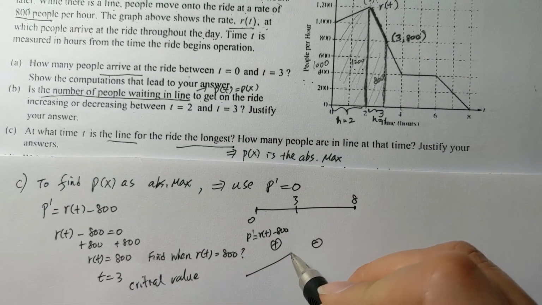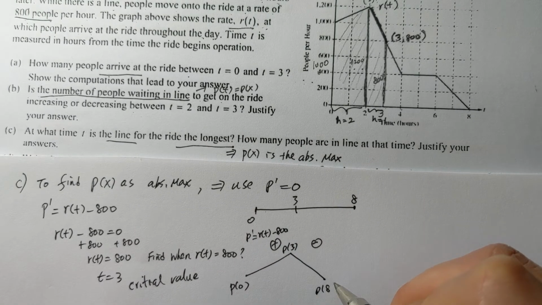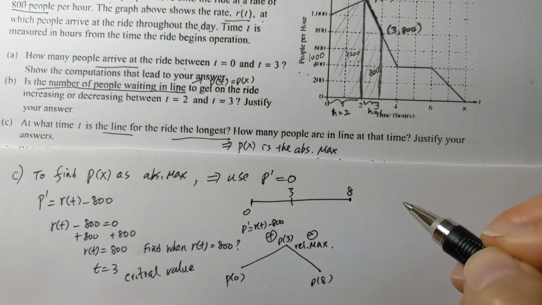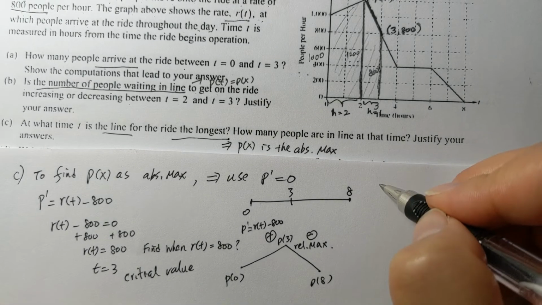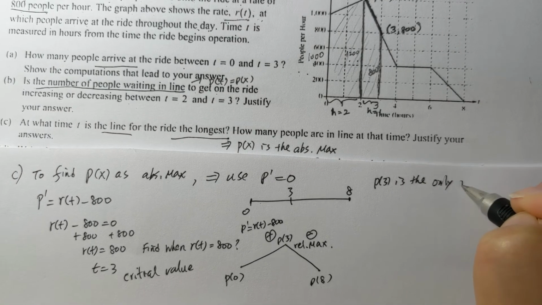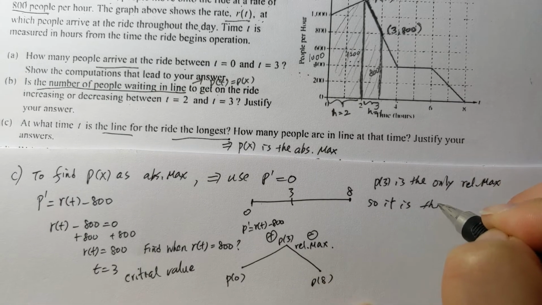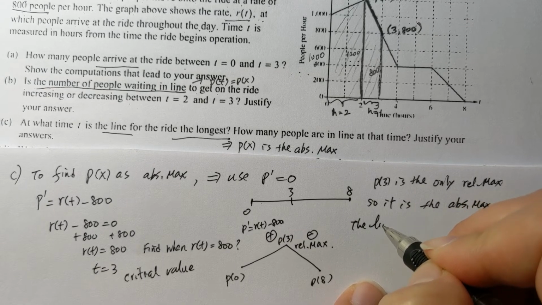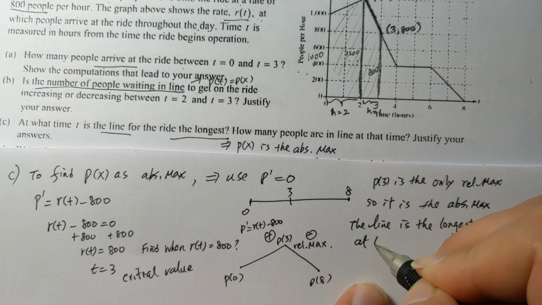So now we get P(0), P(3), P(8). P(3) is a relative max, and it's the only relative max, so therefore it is the absolute max. So the line is the longest at t equals 3.